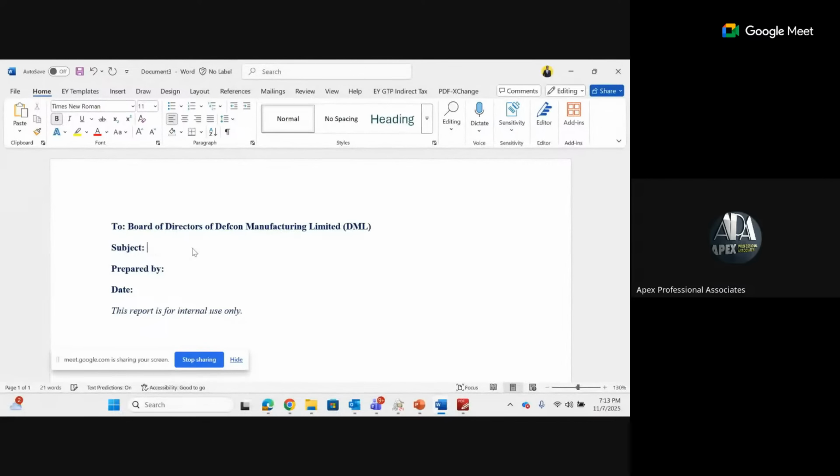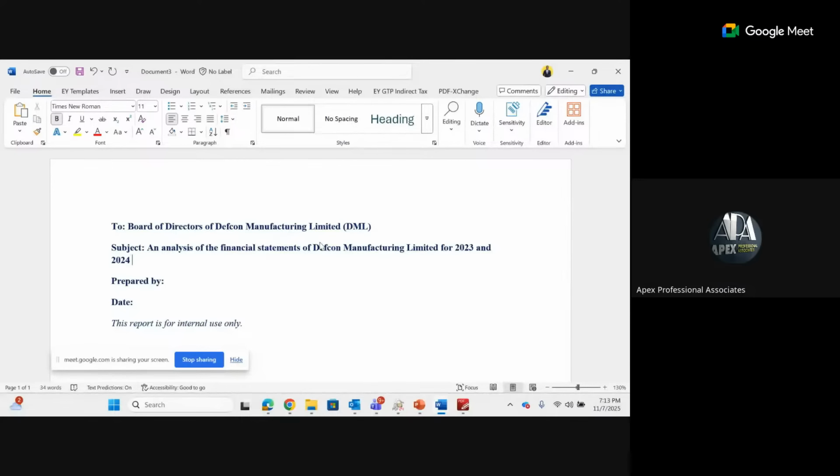So let's say an analysis of the financial statements for the 2023 and 2024 financial years, evaluation of the proposed new products, sustainability.